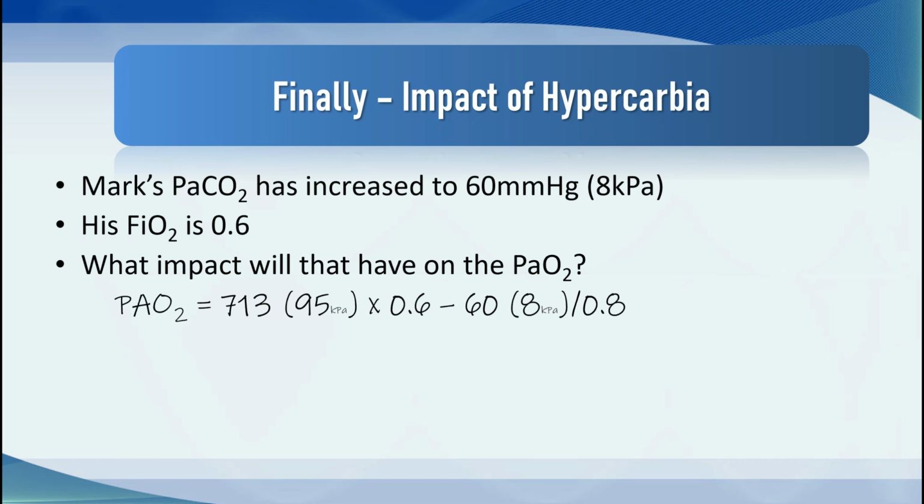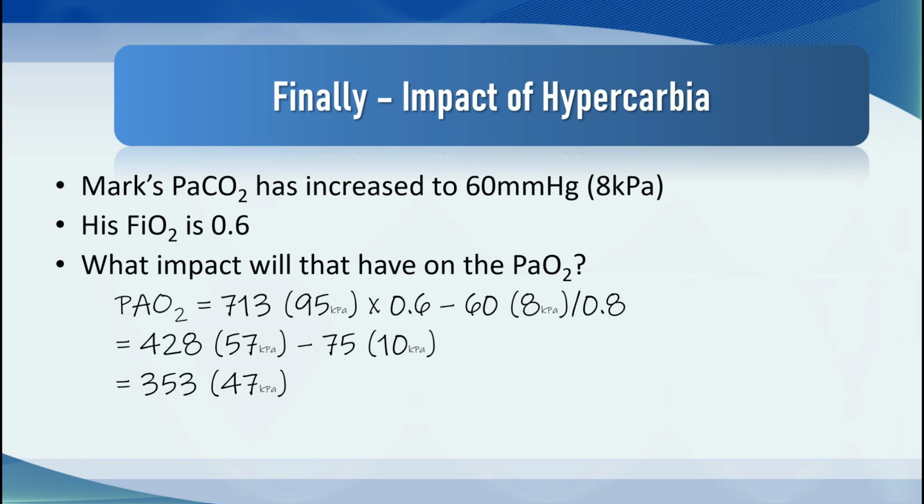So we have 713 by 0.6 minus 60 (or 8 kilopascals) divided by 0.08. And that is 428 minus now 75 (or 10 kilopascals). And that equals 353 or 47 kilopascals. That's quite a significant amount lower than we saw previously.